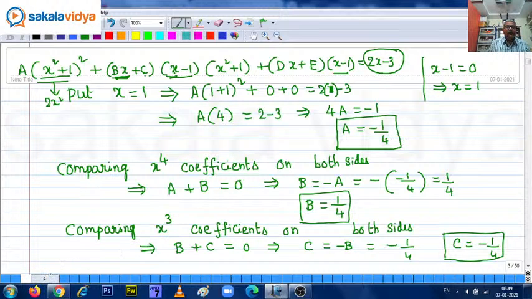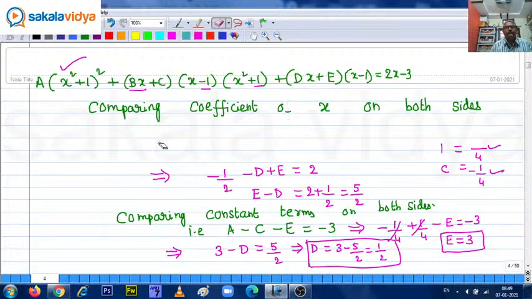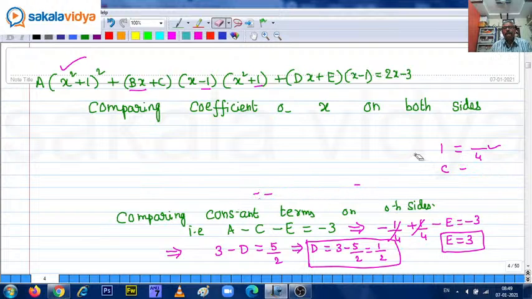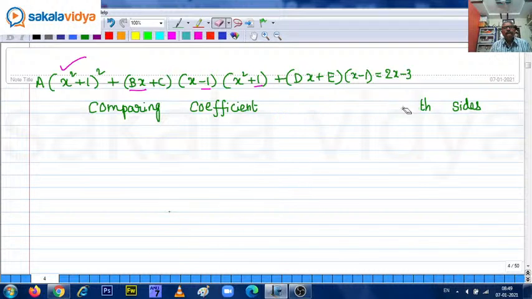So now comparing the coefficient of x square on both sides.